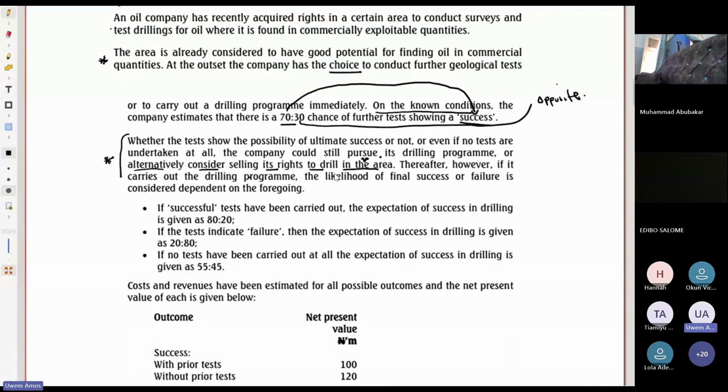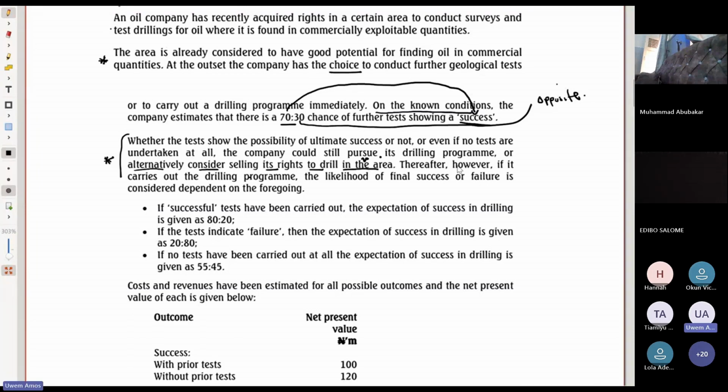Now let's look at the sentence again. It says, whether the test shows the probability of ultimate success or not, or even if no tests are undertaken at all, the company could still pursue its drilling program or alternatively consider selling its right to drill in that area.